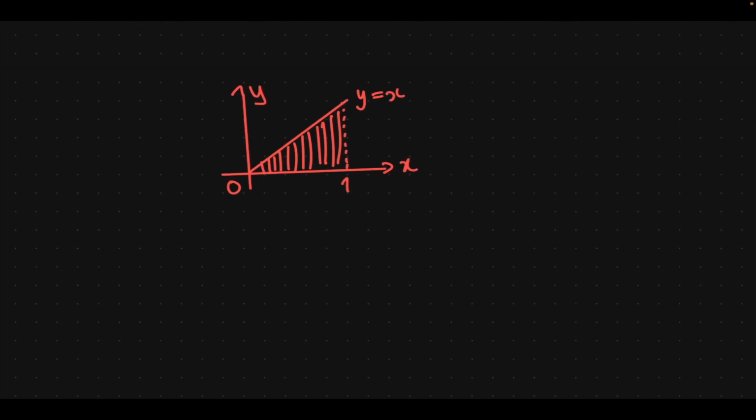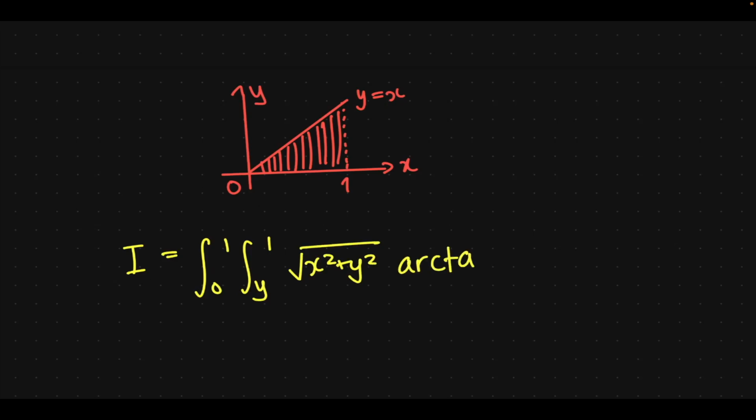And let me also change color. When we do that, we get 0 to 1, y to 1. You can easily see this by using the diagram, which is again kind of an unnecessary detail right now. Arctan, everything inside stays the same, x squared plus y squared.